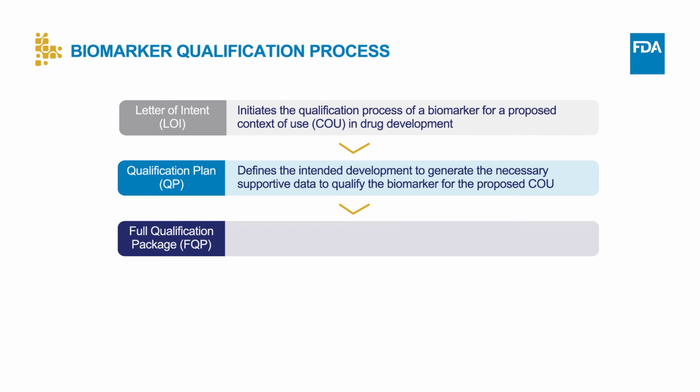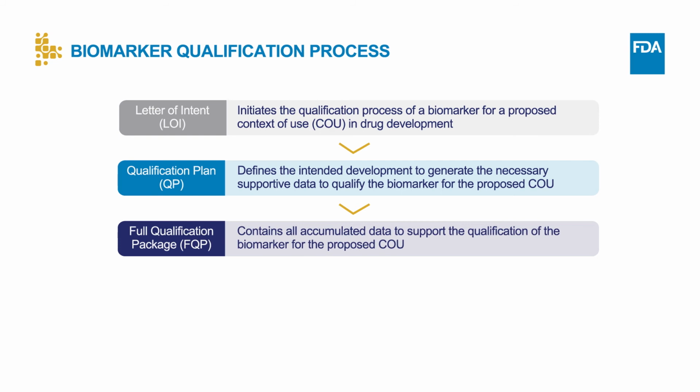The QP submission will be reviewed to determine the acceptability of the plan to support the qualification of the biomarker. If accepted, CDER will provide the requester with the instructions for the final submission stage, along with potential information requests.